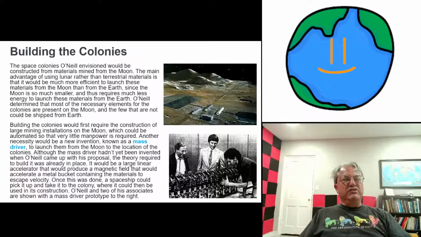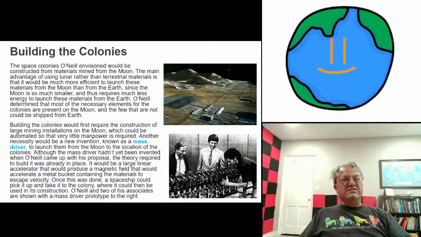The thing would be in a metal container, probably an iron container, a magnetic material, and this mass driver would work kind of like a particle accelerator, except instead of accelerating charged particles, it would accelerate this metallic bucket. The science is very well known for how to do that. And he even demonstrated a prototype model.